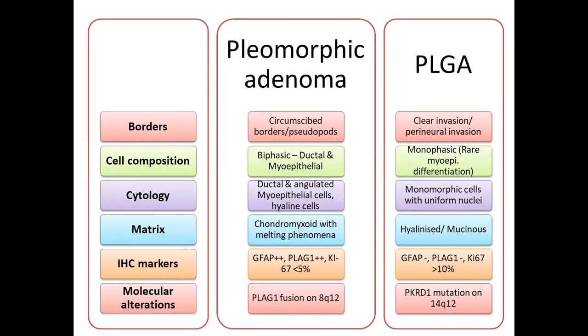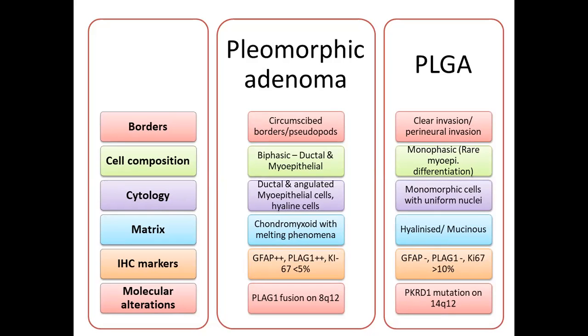When we see the cytology of pleomorphic adenoma, we can appreciate the ductal cells and the angulated myoepithelial cells, whereas in cases of PLGA, there are uniform monomorphic cells with uniform nuclei. When we see the background, pleomorphic adenoma shows a characteristic chondromyxoid background along with the melting phenomenon of the myoepithelial cells, whereas in cases of PLGA, it is hyalinized and mucinous.